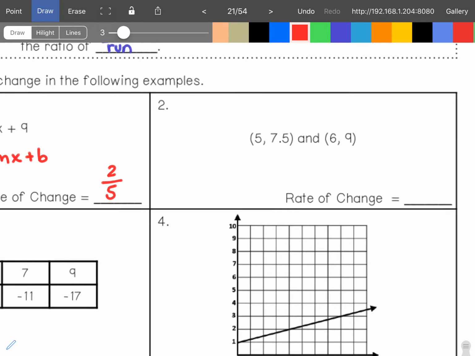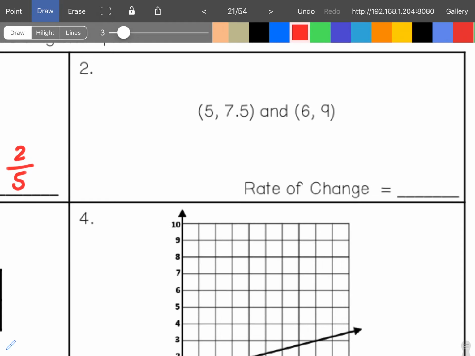Let's look at number 2. Now we have two ordered pairs. Remember, we have our x first and then our y coordinate. And in order to find the slope, we do our rise, which means subtract our y's, divided by our run, subtract our x's.